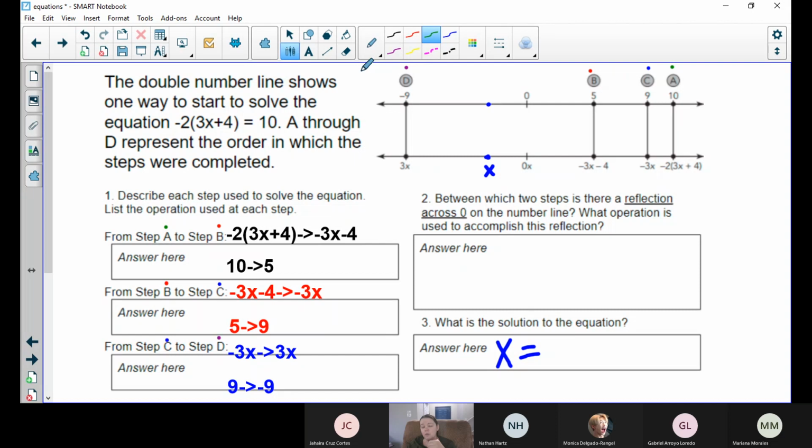What we're going to do is figure out what operation was done at each step, okay? So we're going to go through this line by line.